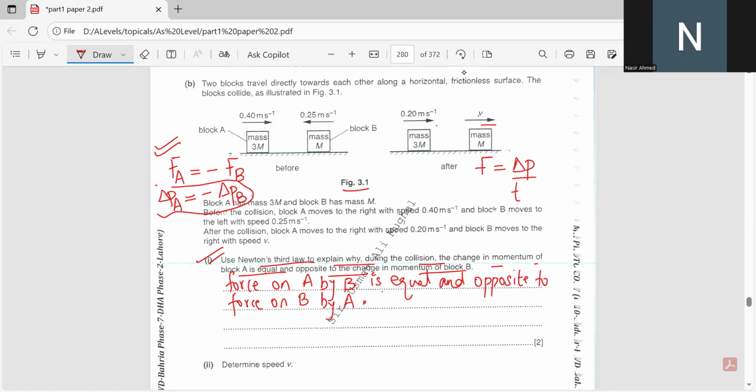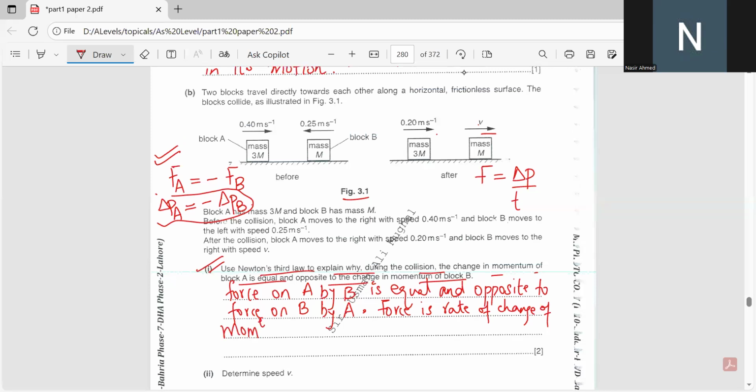Next, you will write the point: force is rate of change of momentum.